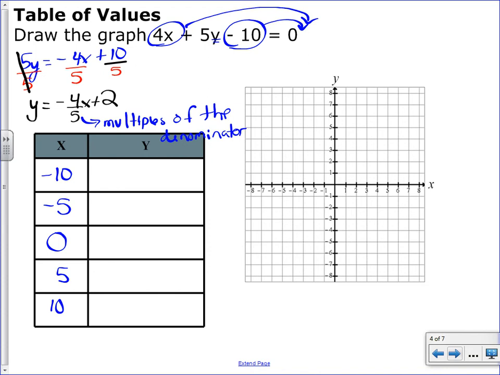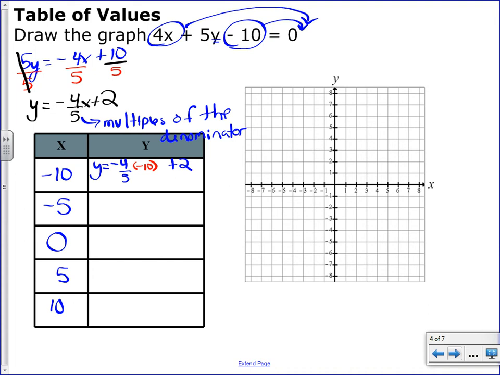Okay, now I have to substitute this into my equation. Where did I leave off? Joe, you're up. So I'm going to write here y equals what? Okay, now we're going to do some simplifying here.